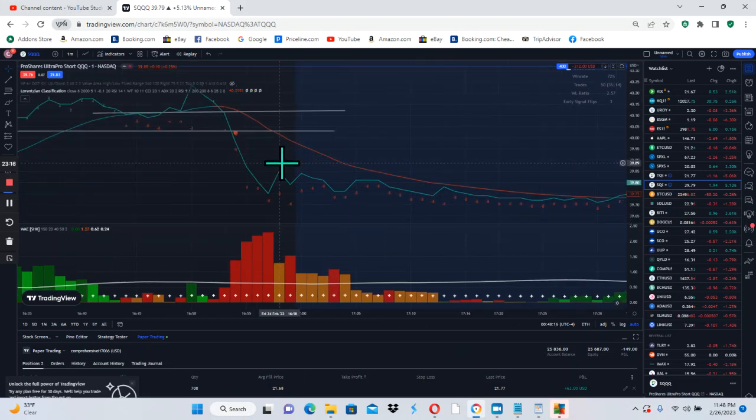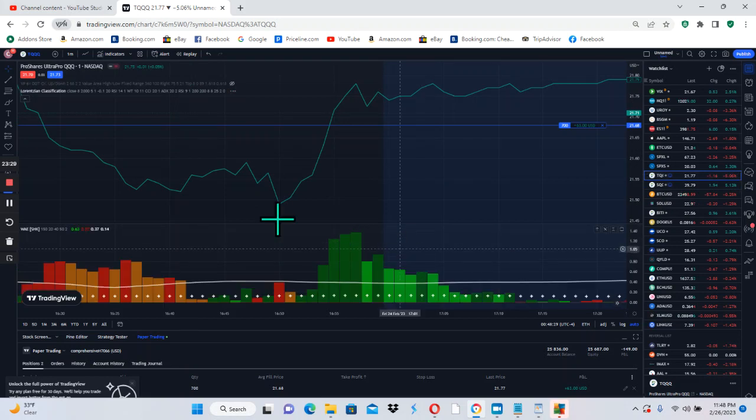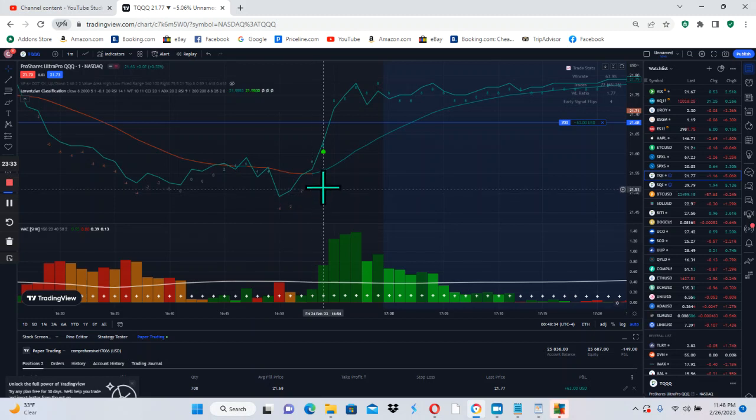When you see this red indicator telling you to sell SQQQ, it means quite the opposite for TQQQ. Let's flip this over. Give it a second to read. Remember that red candle you saw on the other one is the buy signal you see here.